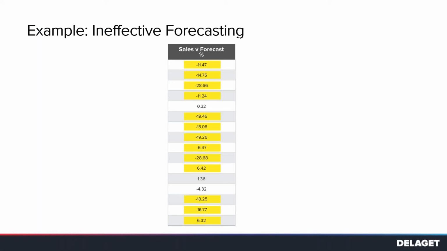What I wanted to share with you before we got into that was ineffective forecasting, and this is from an actual client of ours here at Delegate, looking at a 16-day trend of forecasting variances. You can see several double-digit negative forecasting days here, and this is clearly an example of somebody that either has an empty toolbox when it comes to forecasting, or doesn't understand how to use the tools, or just has no regard at all for forecasting.